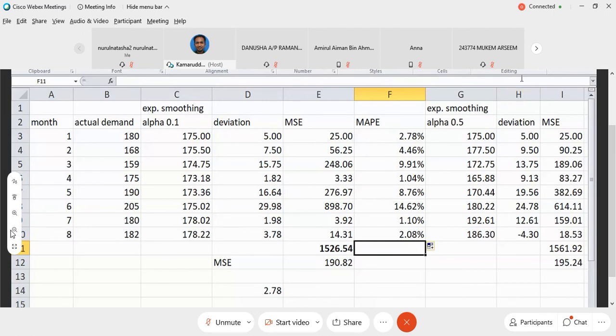And the next step is total up all the percentage that we have.